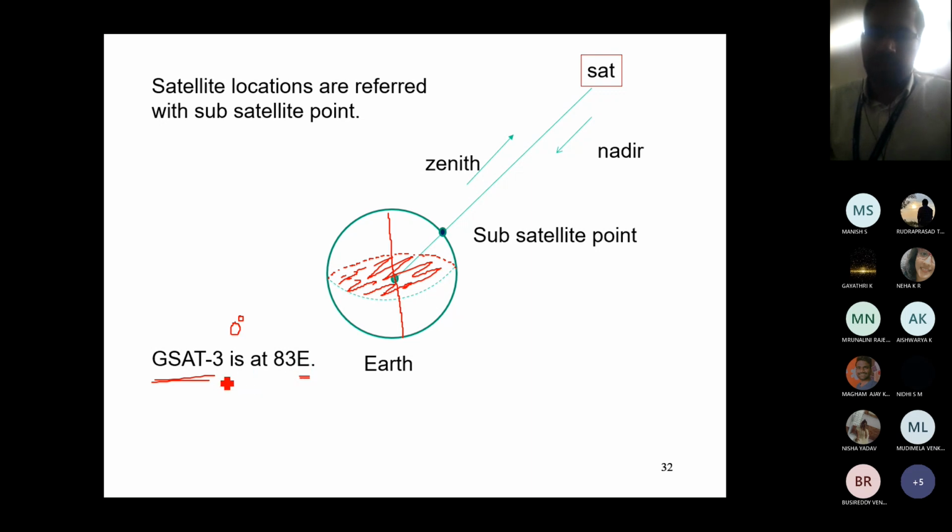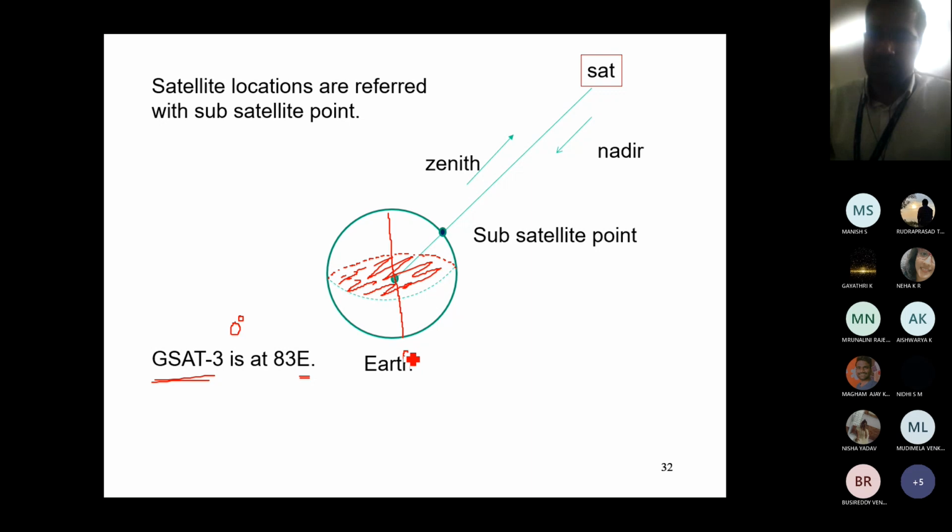So in this case, your subsatellite point will be at 0° latitude and 83° east. This equatorial line represents 0° latitude, and this horizontal line represents the longitude.